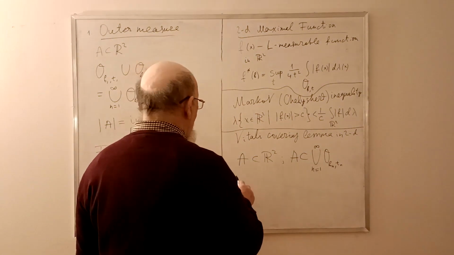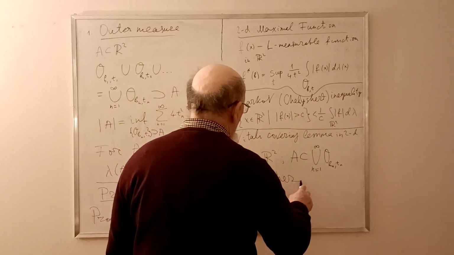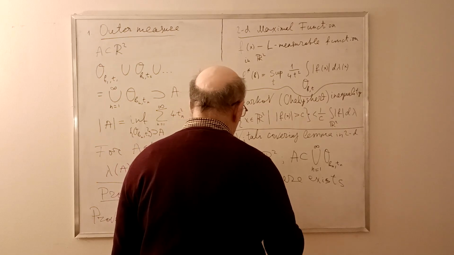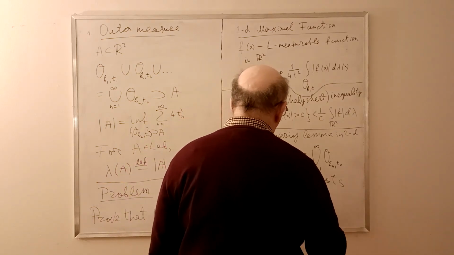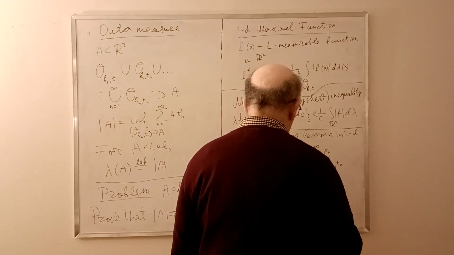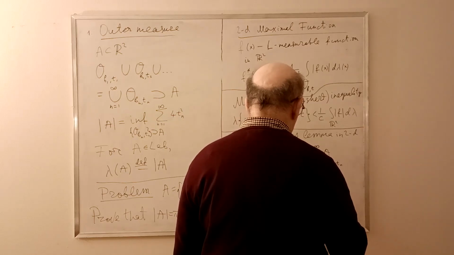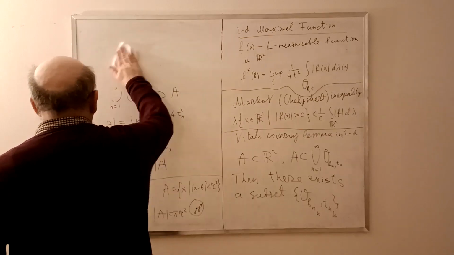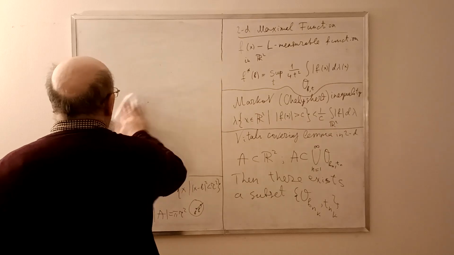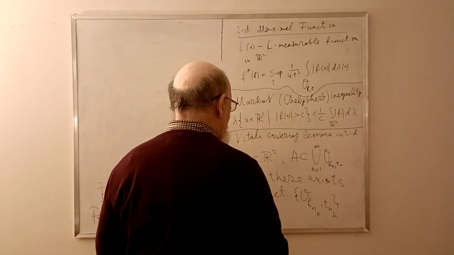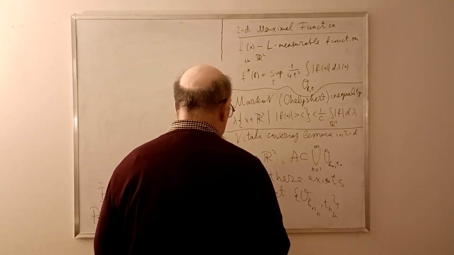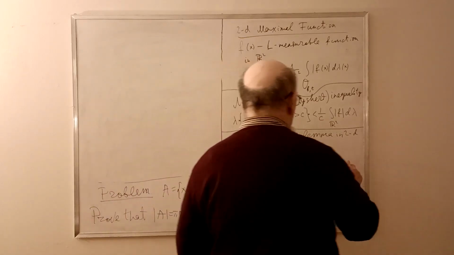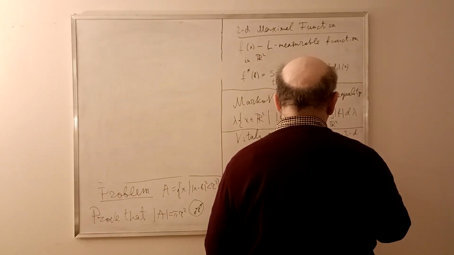Then there exists a subset of this set of squares, let me call them I_k, and it equals the union of I_n from 1 to infinity.